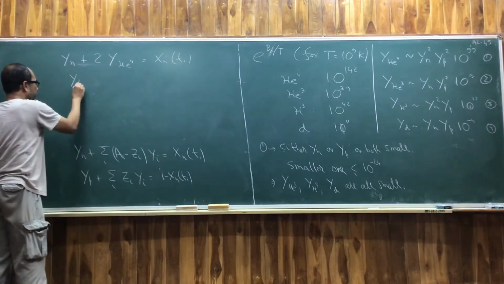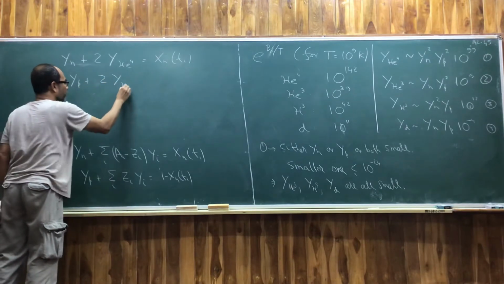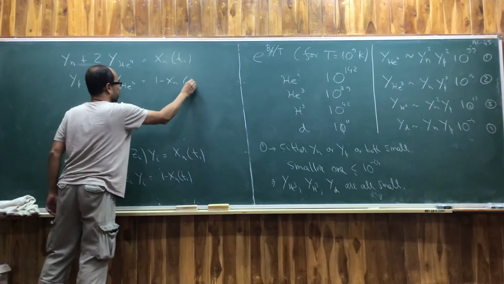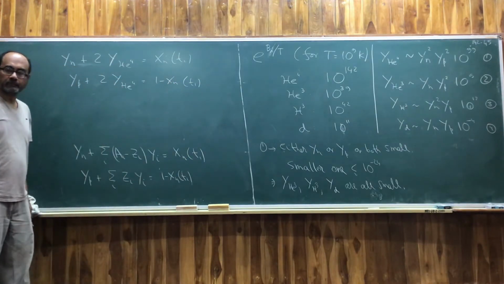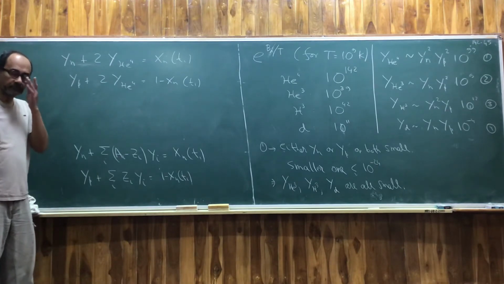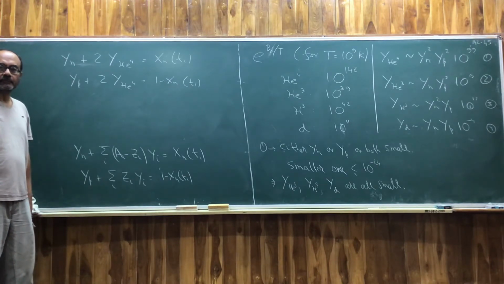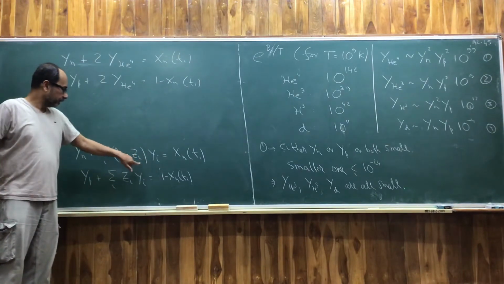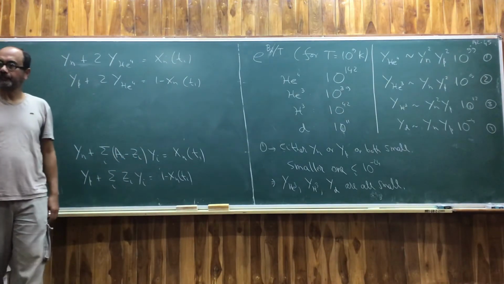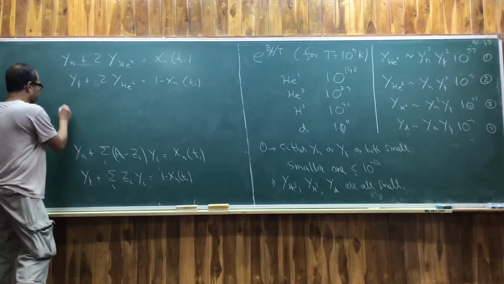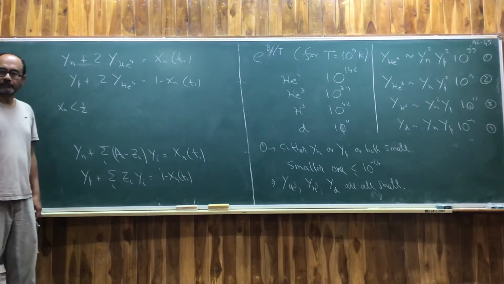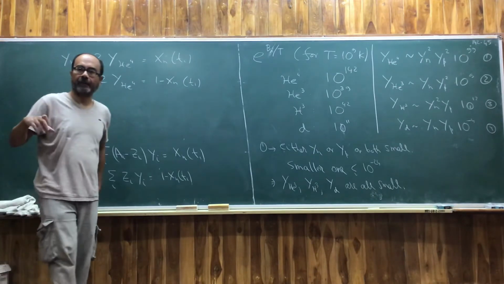and Y_p plus 2 Y_He4 is 1 minus X_n of T1. Zeta is 2 for helium 4, A_i minus zeta is 2 for helium 4. So now we also know that X_n is less than half, because the number of neutrons is always less than the number of protons.